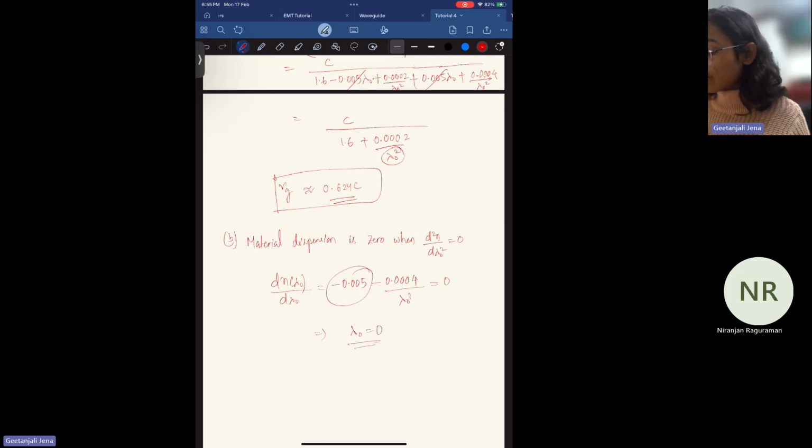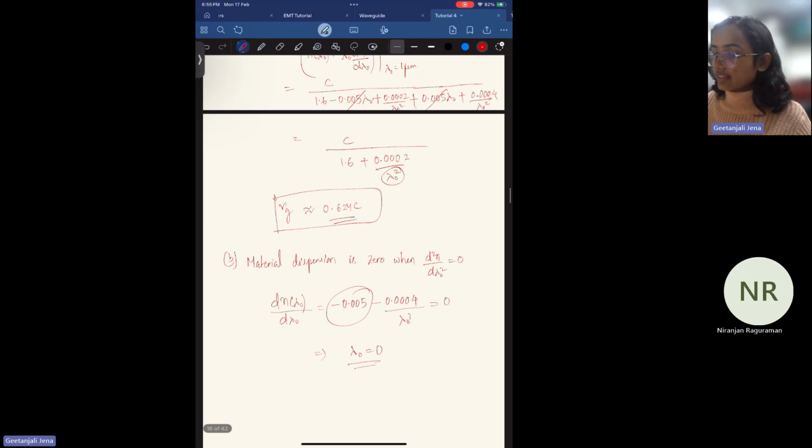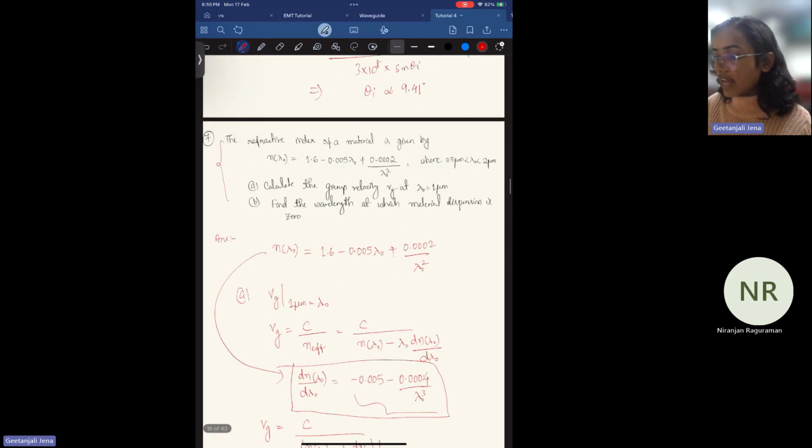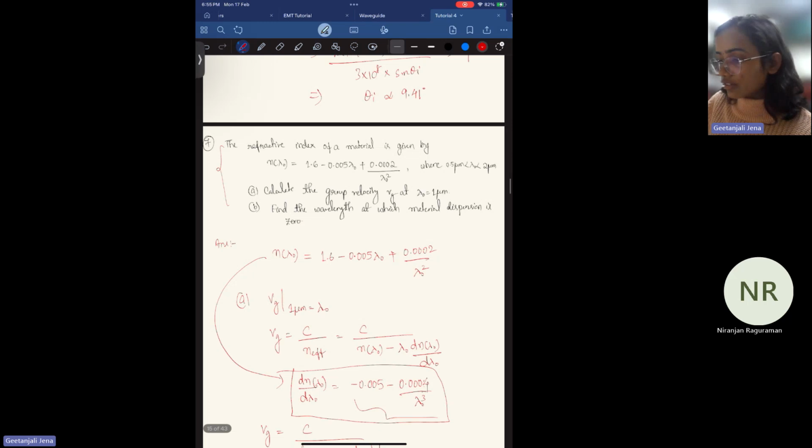That means in this wavelength range, the given equation is valid around wavelength 0.5 to 2 micrometer. So in this wavelength region, we don't have any wavelength that will give a material dispersion of 0 value.